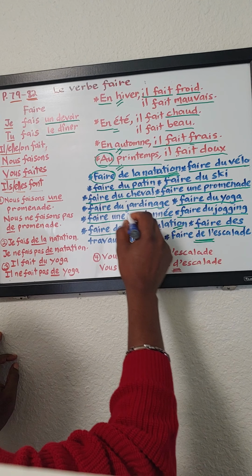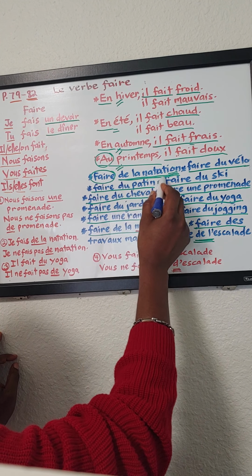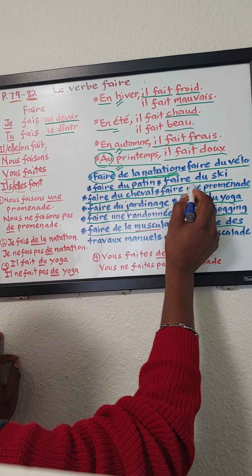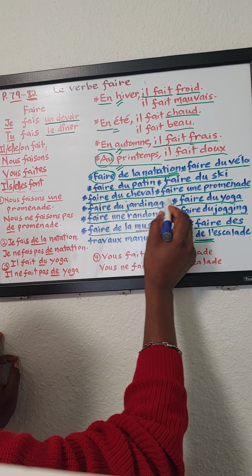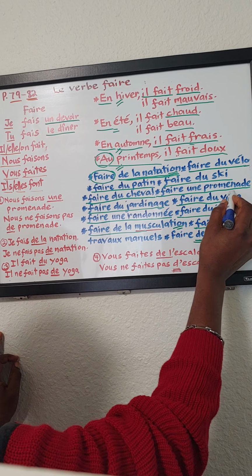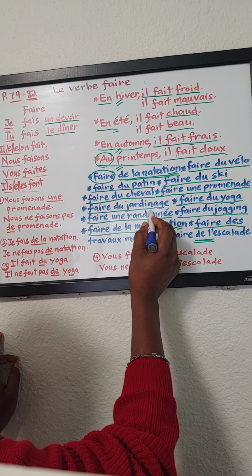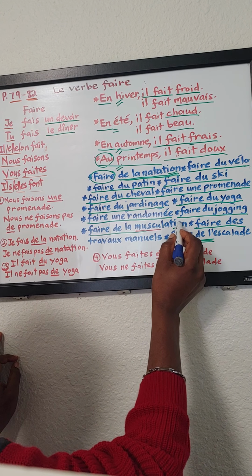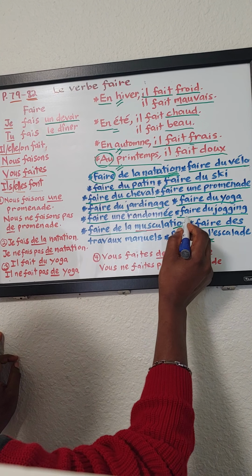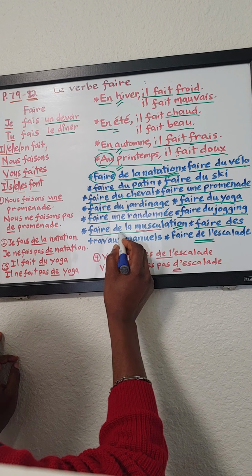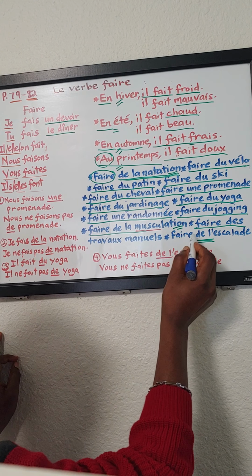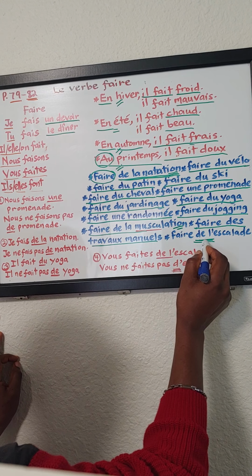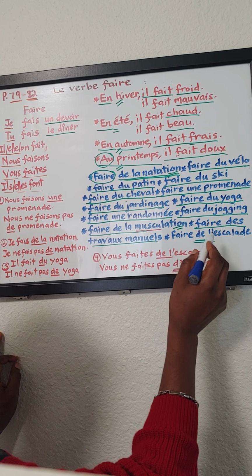And the rest, de la natation, du vélo, du patin, du ski, du cheval, une promenade, du jardinage, du yoga, une randonnée, du jogging, de la musculation, des travaux manuels, de l'escalade will stay the same.